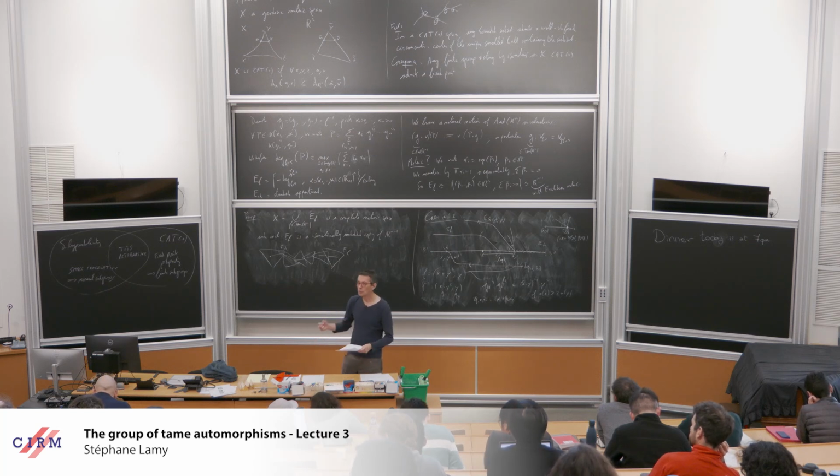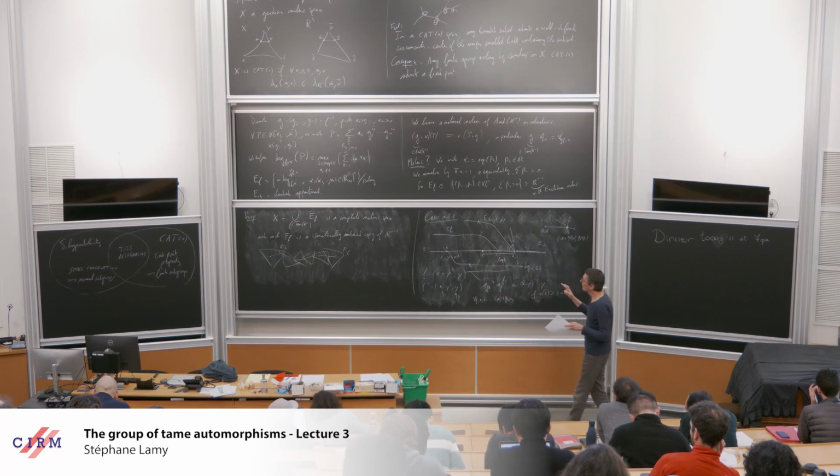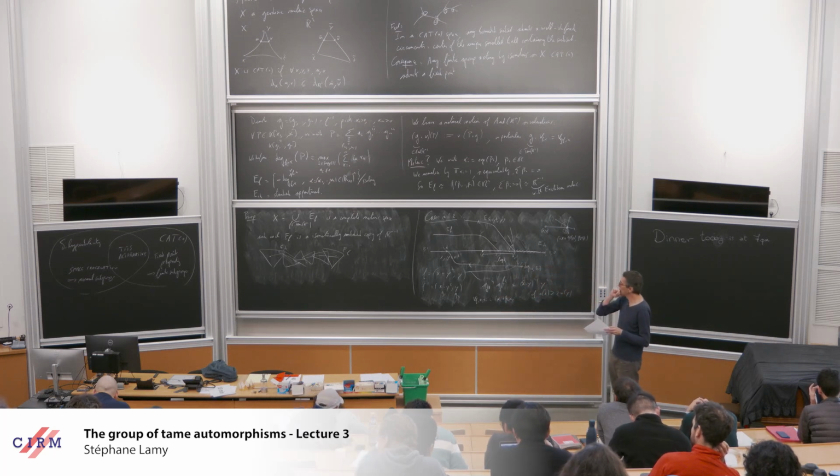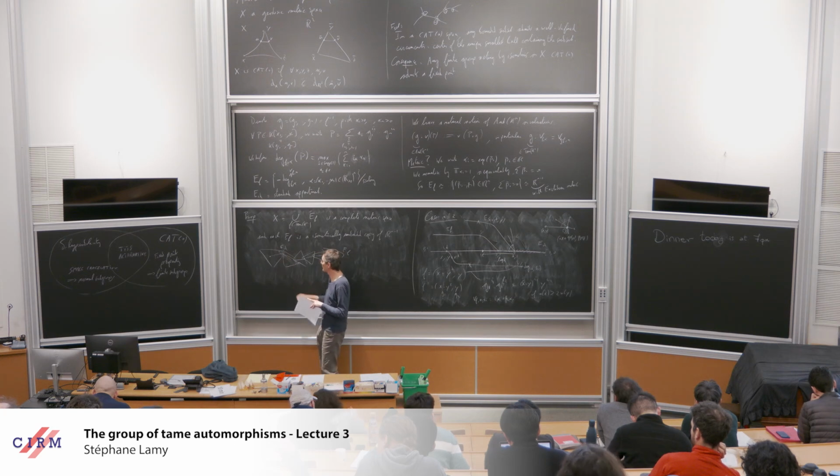So now I'm going to draw some pictures for n equals 3, and I will try to give you a feeling of the space of valuations, two apartments, and what the possible intersections are. I will try to be more precise with this picture.